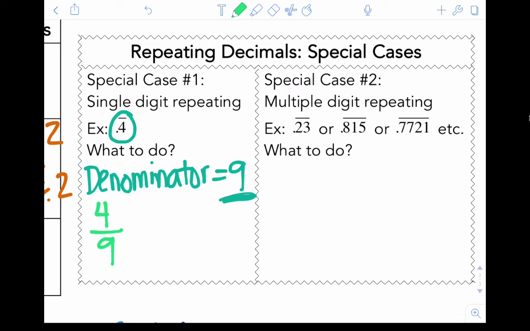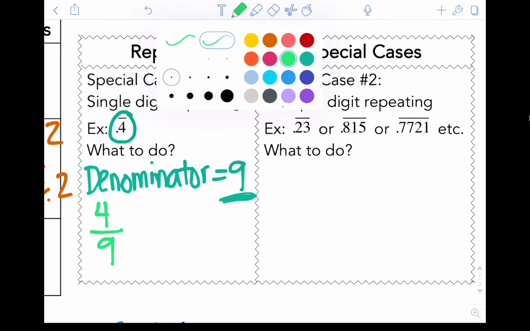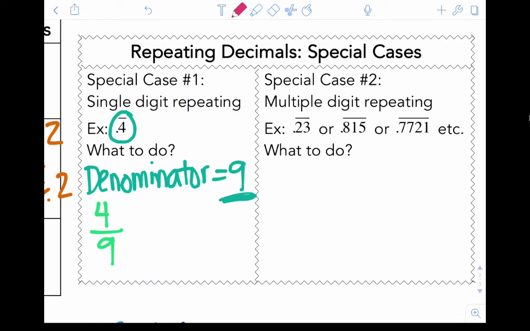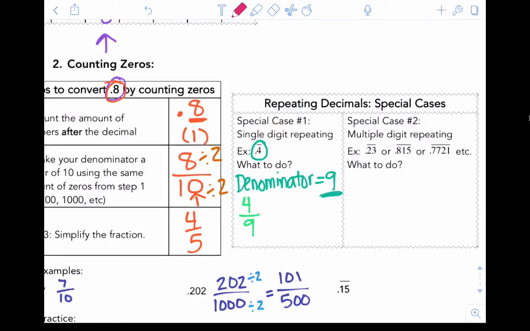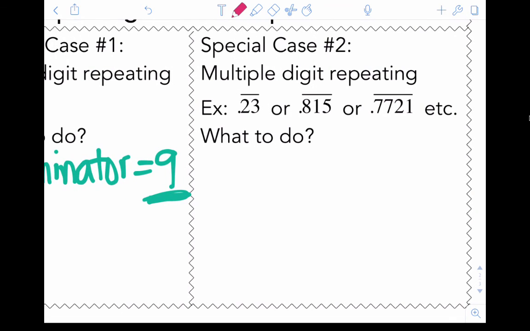Our next special case is when we have multiple digits repeating. So that would be like 0.23 repeating, 0.815 repeating, 0.7721 repeating. Here, we're going to match the number of decimals with the number of nines. So this is the same idea as our second way to convert decimals to fractions, when we count the amount of numbers after the decimal, and that's how many zeros we have.